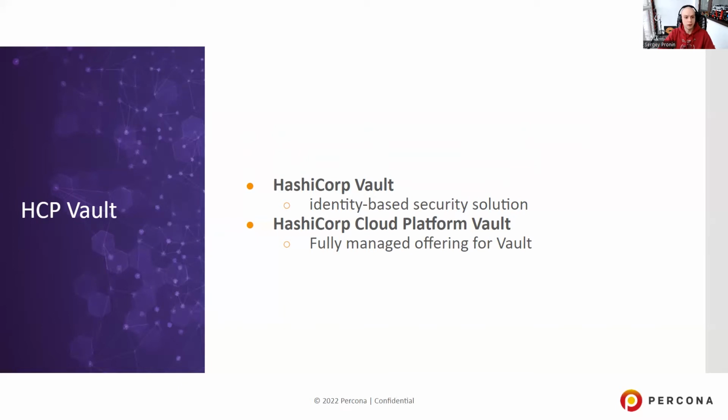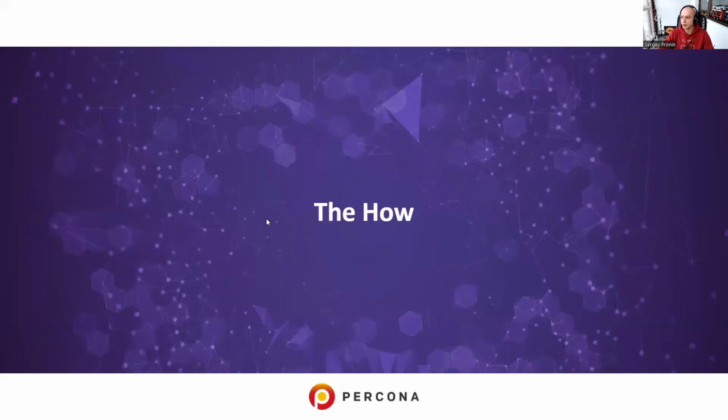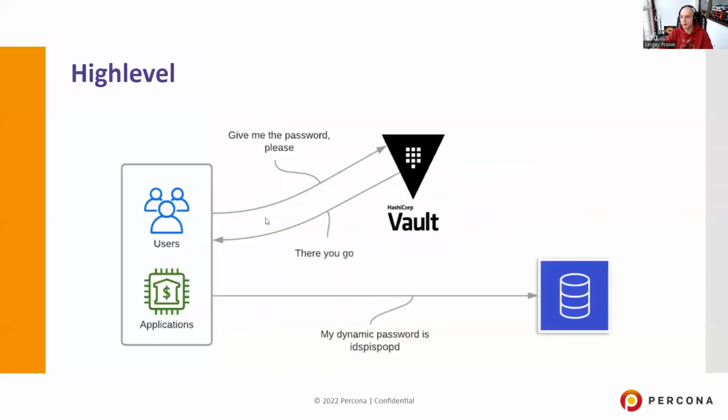So what we're going to do today is we're going to use it and see how it can connect to our database. So on high level, again, I'm showing you this picture. This is how it's going to look like. So the user or the application connects to the Vault, right?